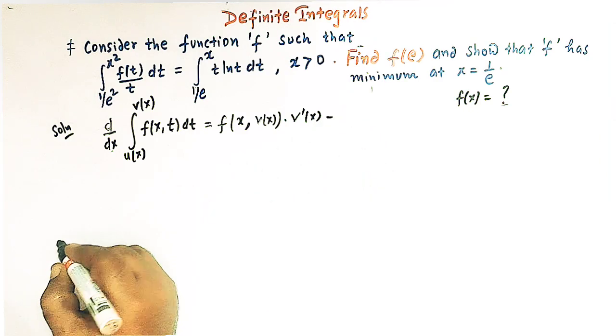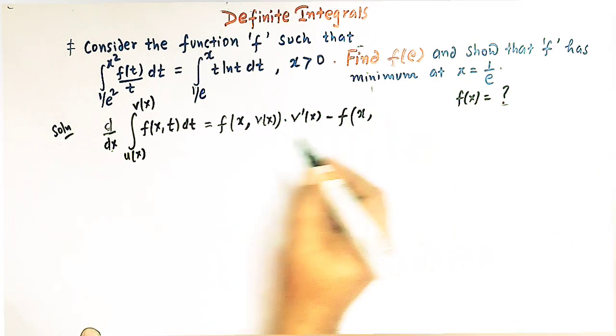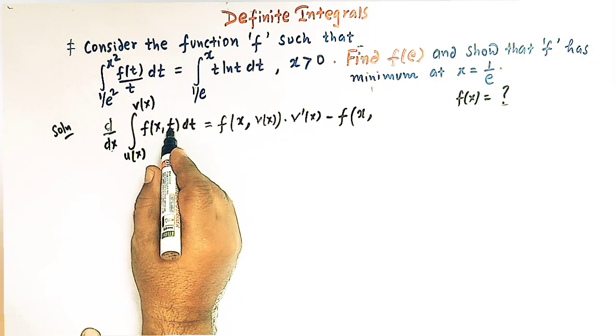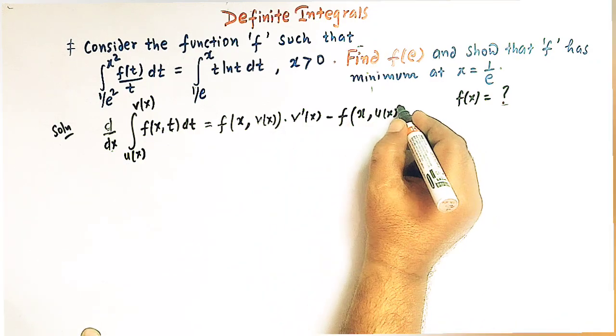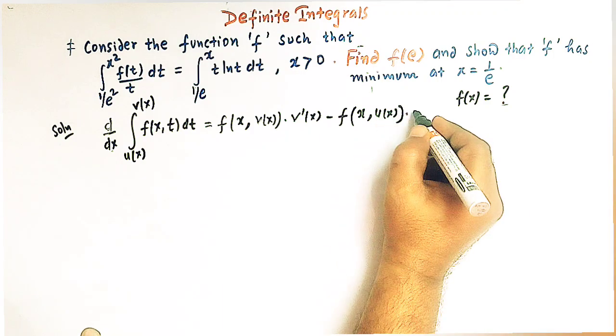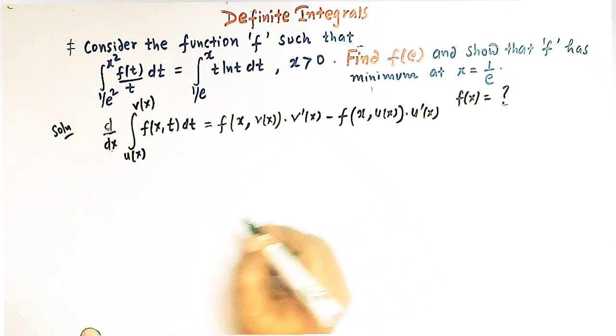Then we have the negative sign, then we have f of x comma, then we replace this t by u of x. So here we have u of x multiplied with the derivative of u of x, that is u prime of x.